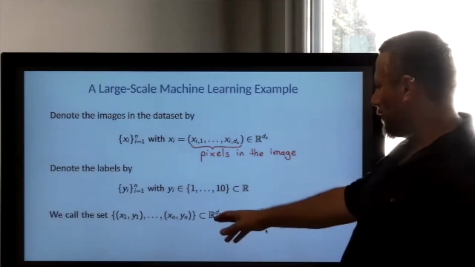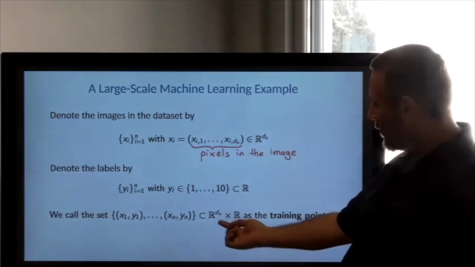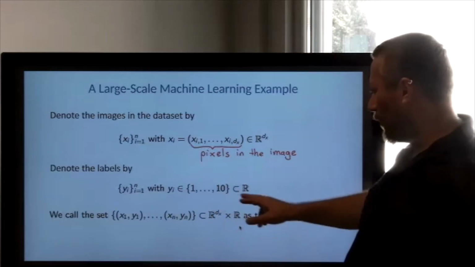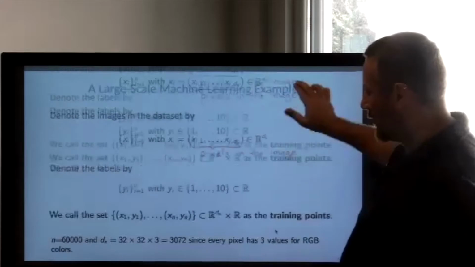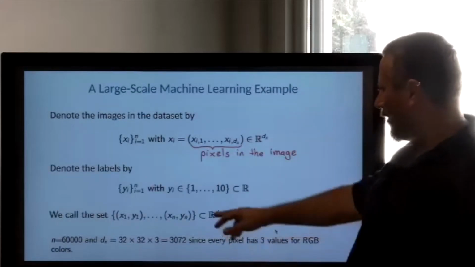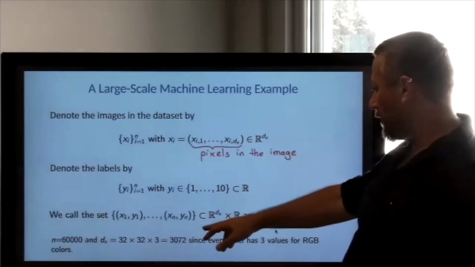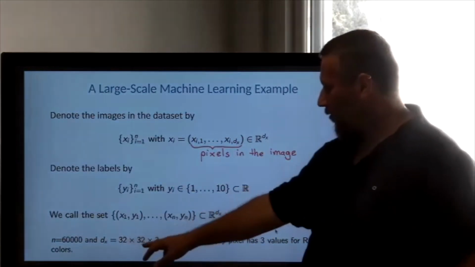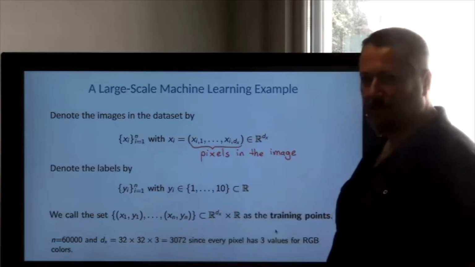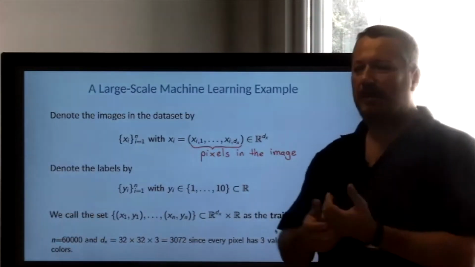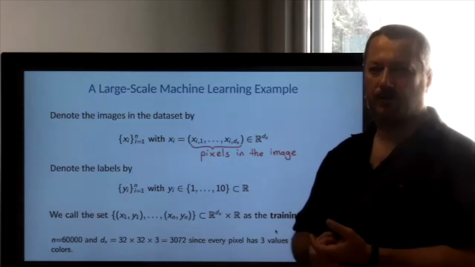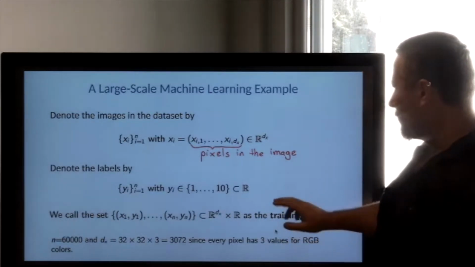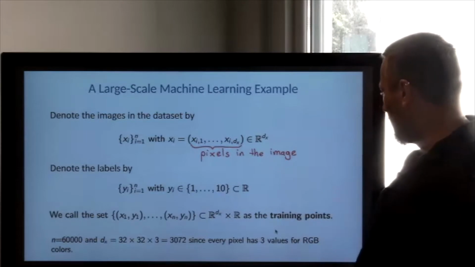In this problem, I have n many points. In this problem it was 60,000 points, and each x_i has a dimension of 3072. It's 32 by 32, times 3 because we have colors, so it's 3 values for red, green, and blue. That's how you denote them in computers.